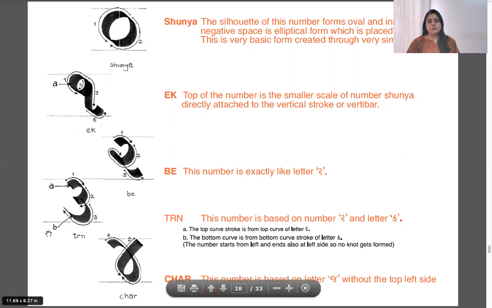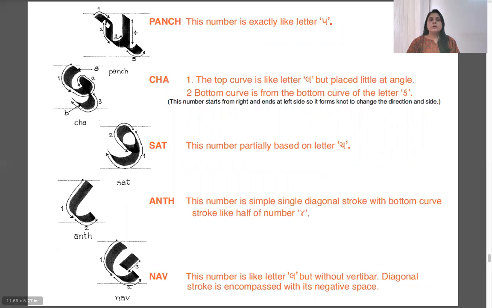This is number 4. We call it Char. This number is based on letter J without the top left side loop. Now this is number 5. We call it Panch. This number is exactly like letter P. This is number 6.